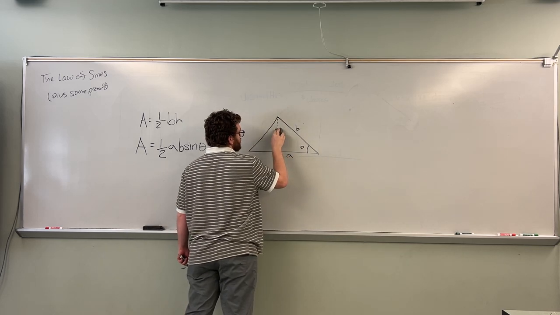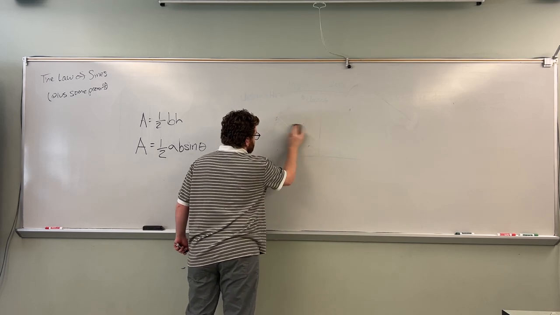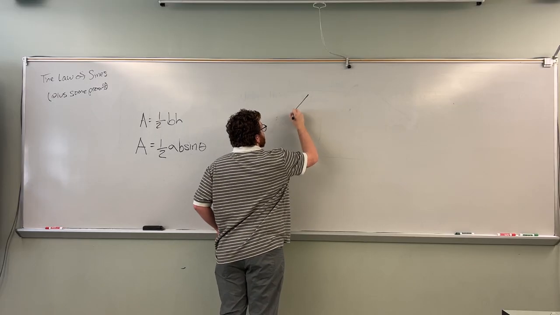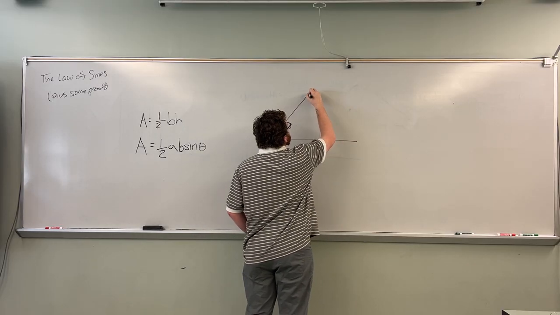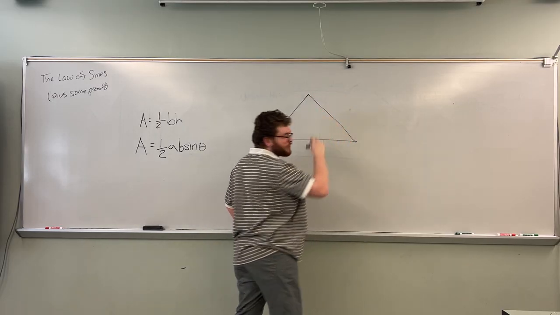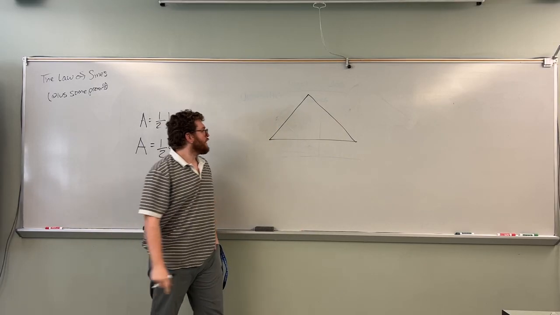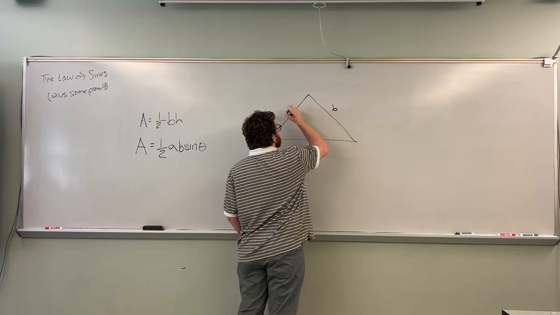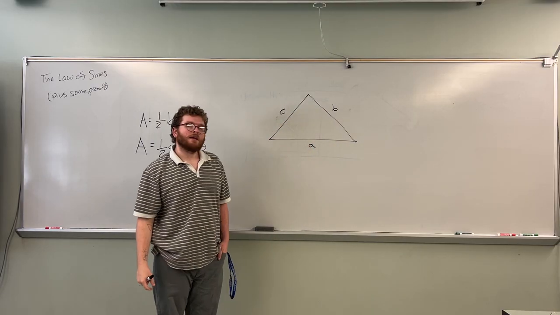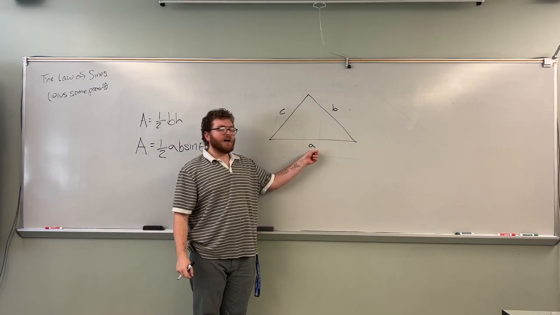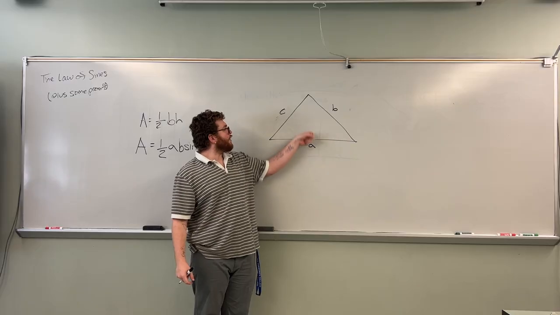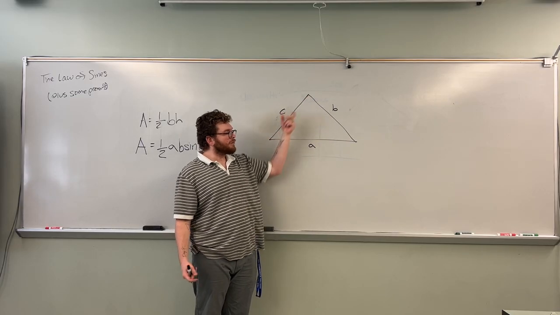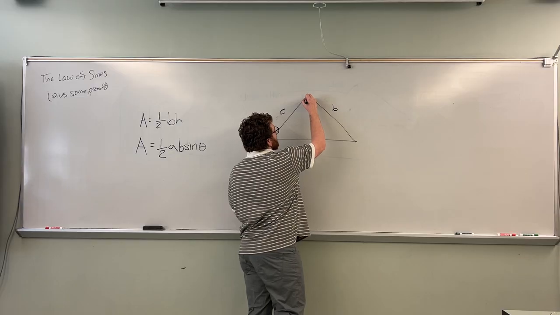I'm going to erase this H here. I'm going to actually just draw this bigger. So I have my triangle of arbitrary shape, angles, and whatever. I'm going to label all the sides A, B, C. And then for each side, the angle opposite from that side, I'm going to label, my bad, with the capital letter.